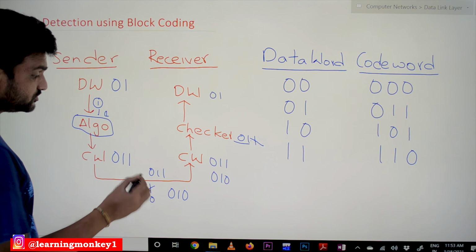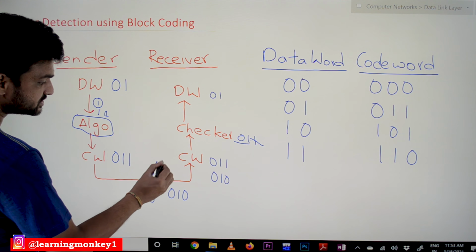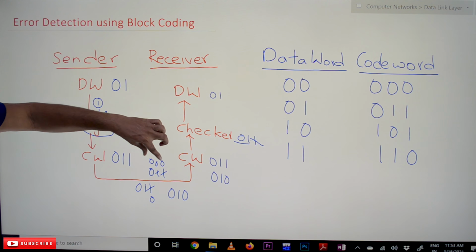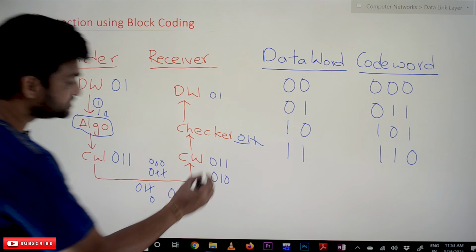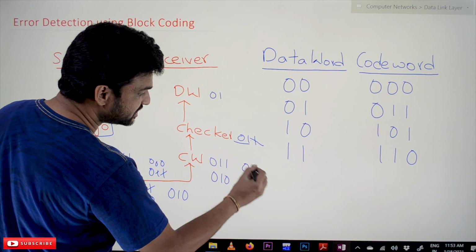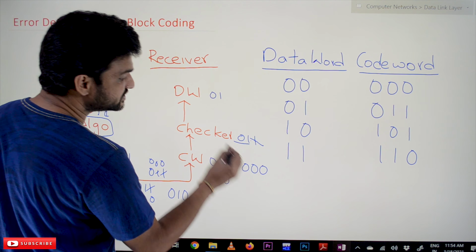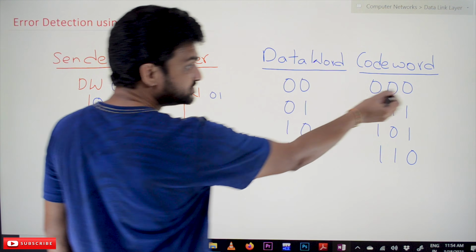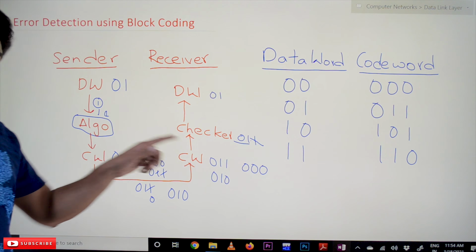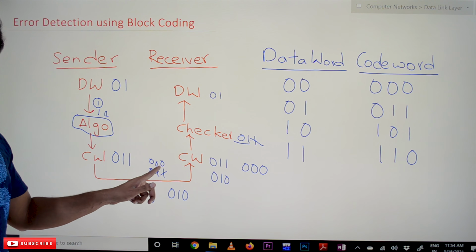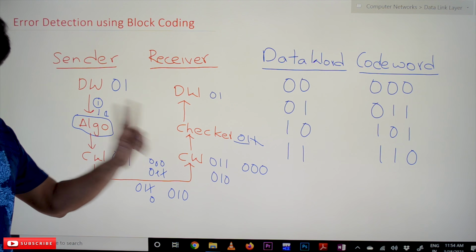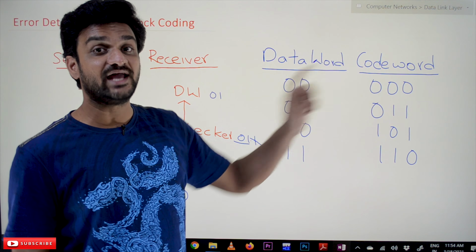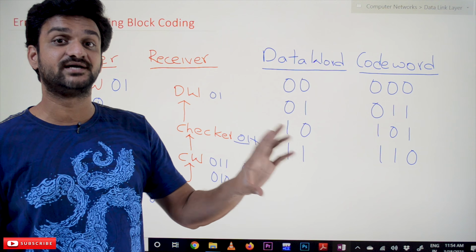So the data that is now transmitted is 000. Now 000 will get received at the receiver, and the checker is going to find whether this is valid or not. 000 is a valid code word, even though the error has occurred. 2 bits have been corrupted, but it identifies this as valid, so this is an undetectable error.